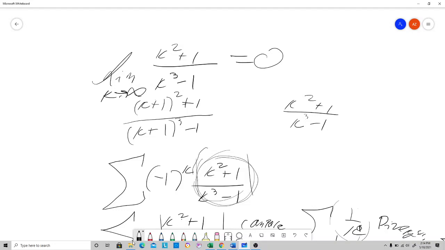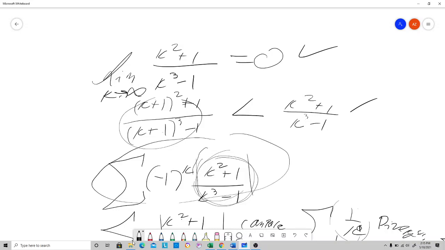If you FOIL all of this out, we're actually going to have an extra k in there, and that's going to make the denominator a lot bigger, making it smaller. So we can rationalize that yes, this function is smaller than this one. So yes, that means this series right here converges conditionally.